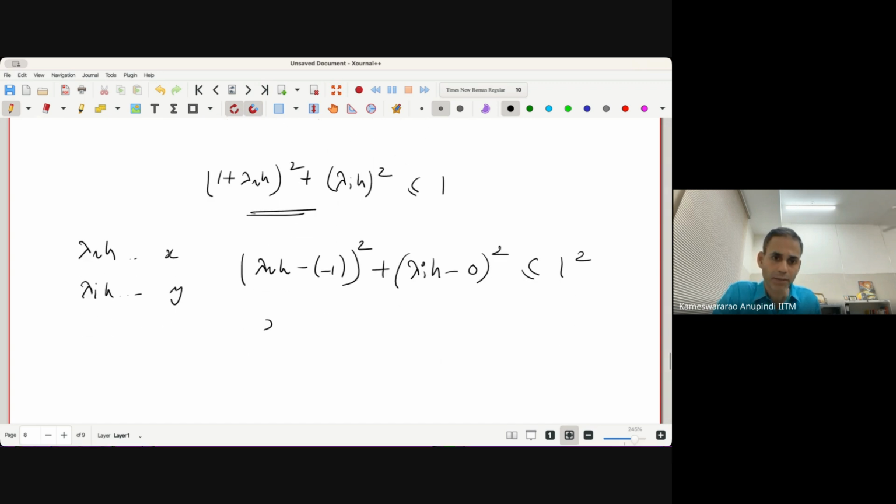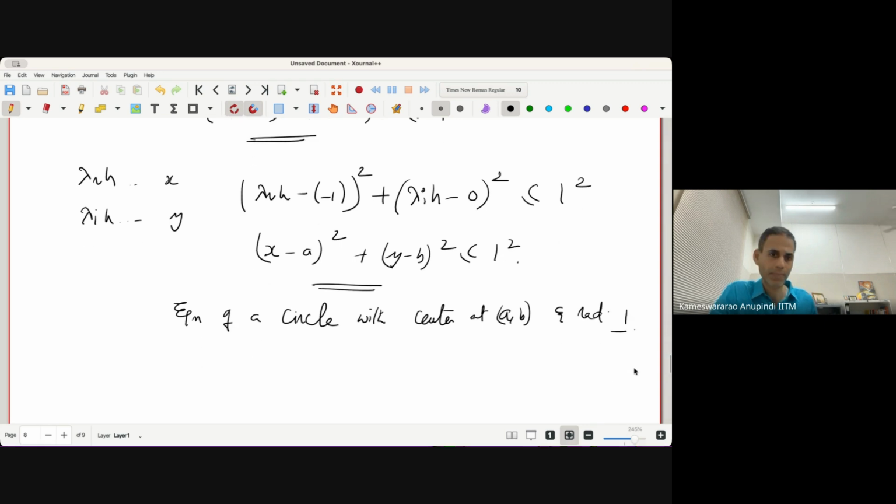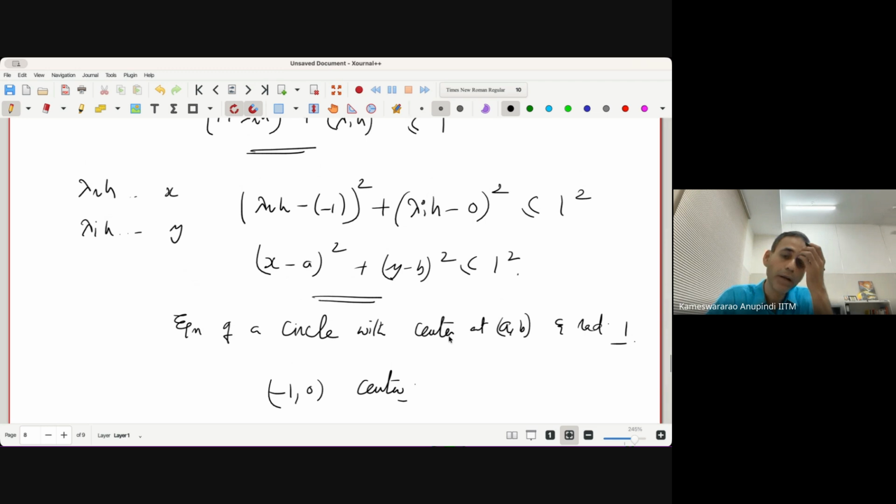So we have (x minus a) square plus (y minus b) square less than or equal to 1 square. This is the equation of a circle with center at (a, b) and radius 1. What is the center? The center is (-1, 0), and the radius is equal to 1.